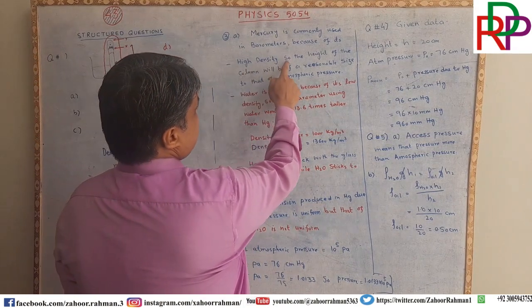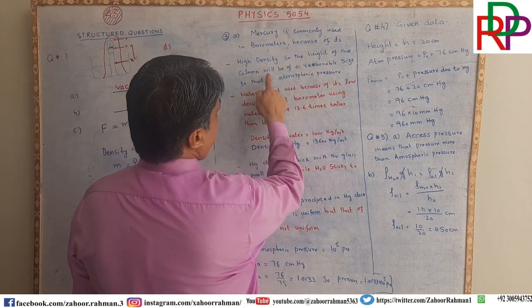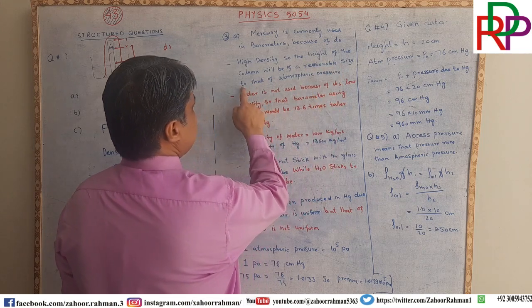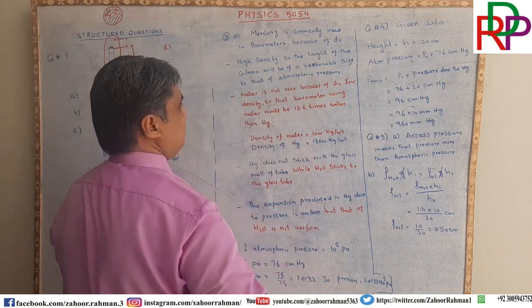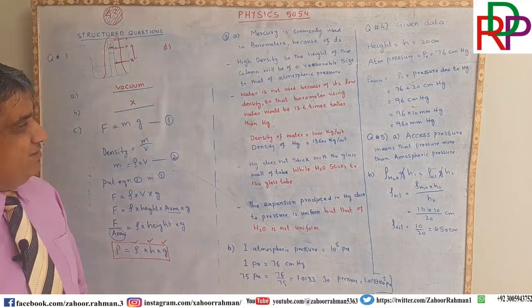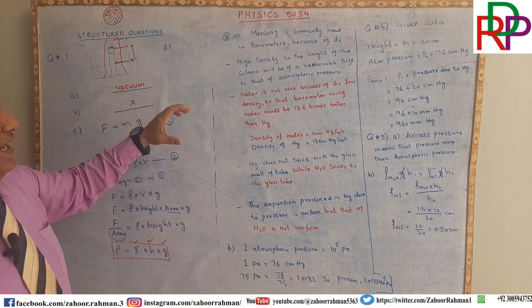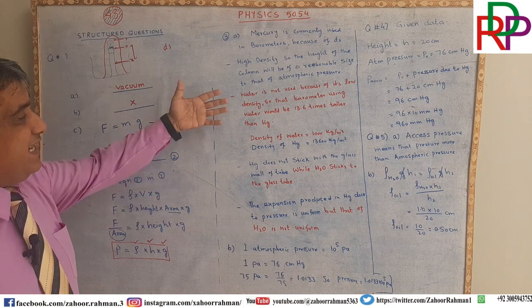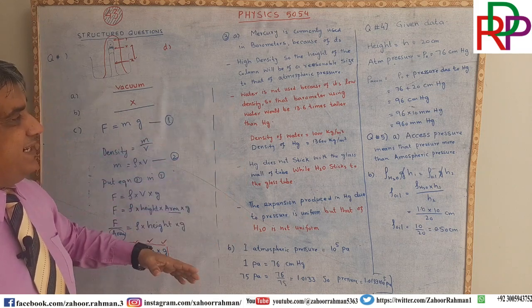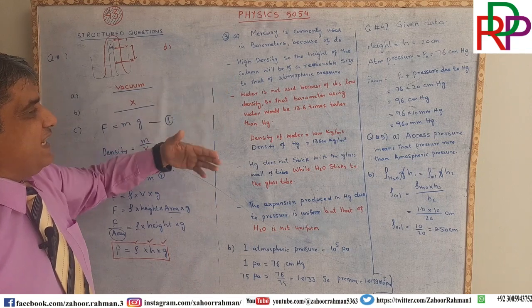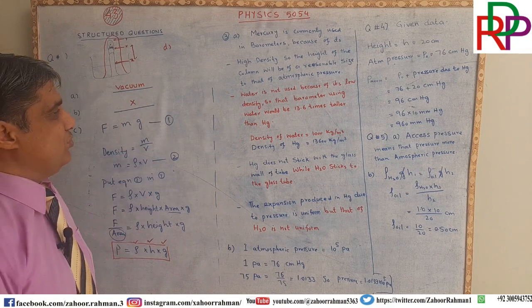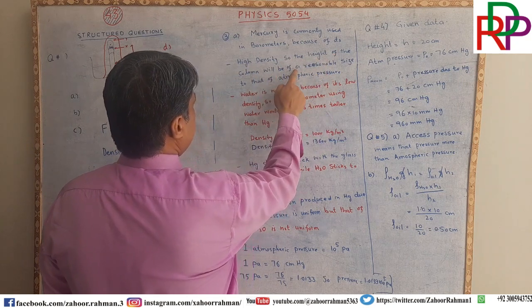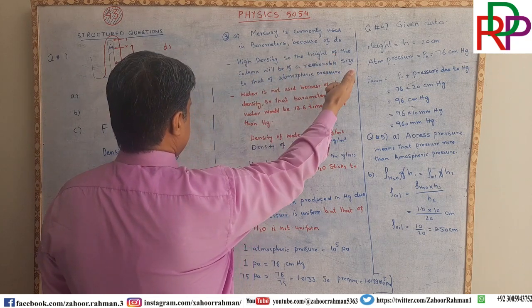So with high density, the height of the column will be of a reasonable size compared to atmospheric pressure. That is why we are using mercury.